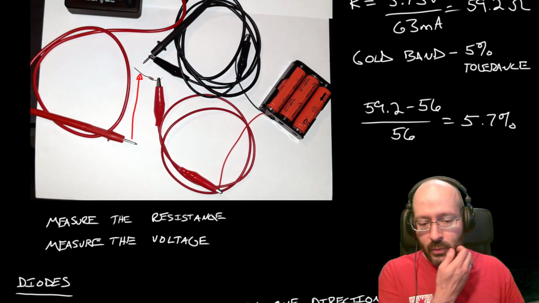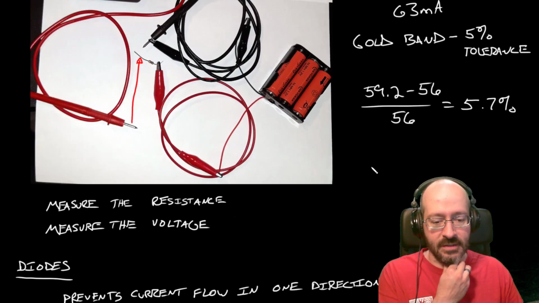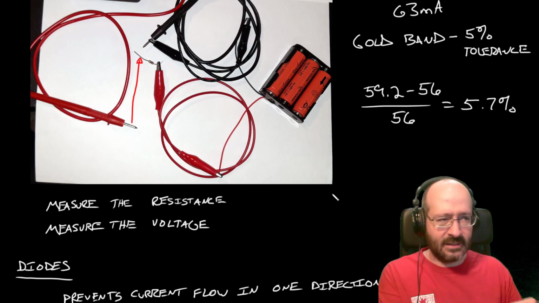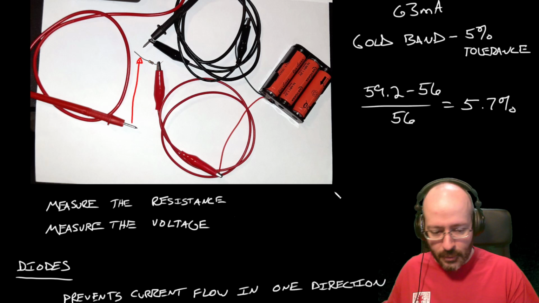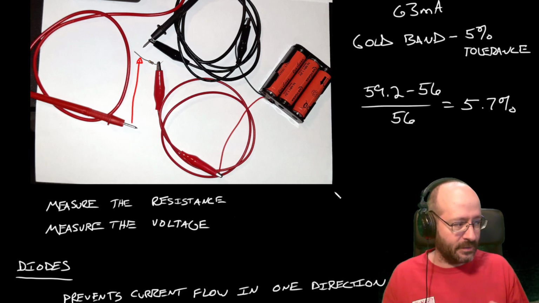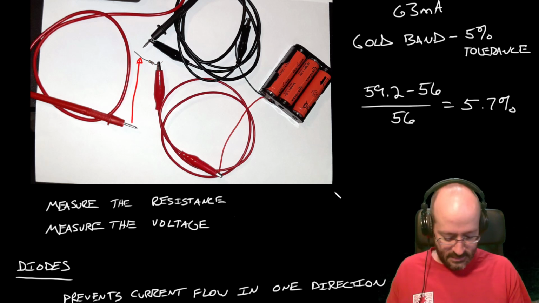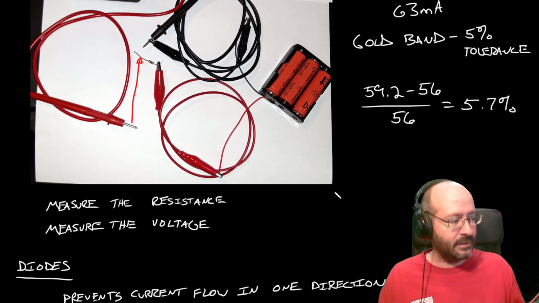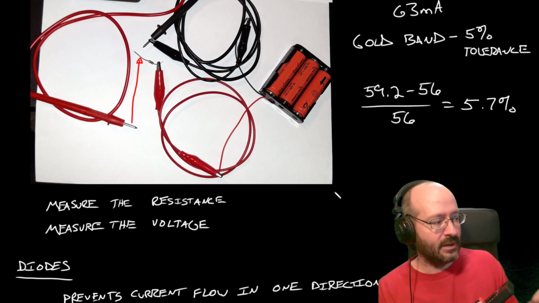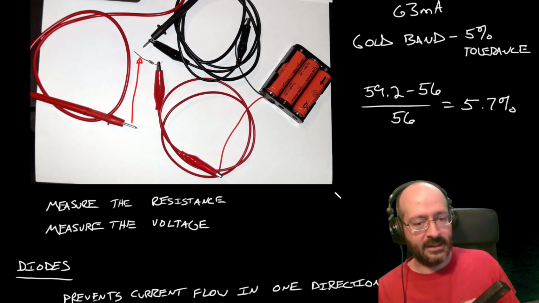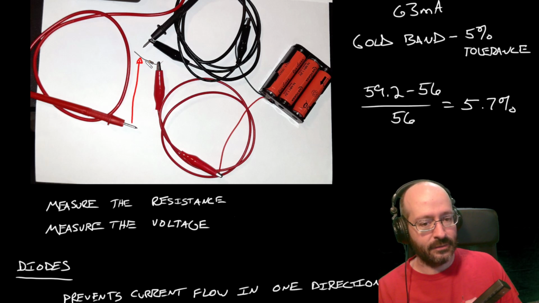Okay, so we measured the voltage, we measured the current, and then we calculated the resistance. The next thing I want you to do is just measure the resistance. I don't have a picture for this one, but I think you can handle it. Take the red and black alligator clips and connect them to either side of the resistor by itself.